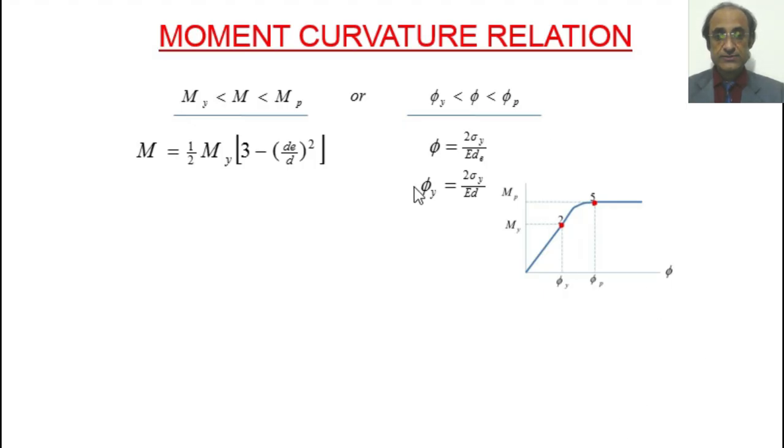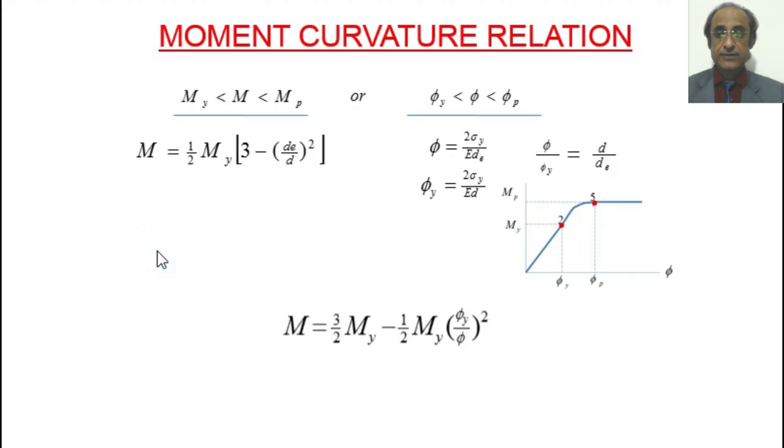So the ratio of these, now we can make use of this expression and substitute the ratio of dE to D by phi y by phi. So with this we obtain this kind of relationship.